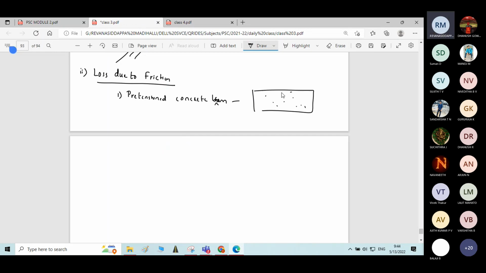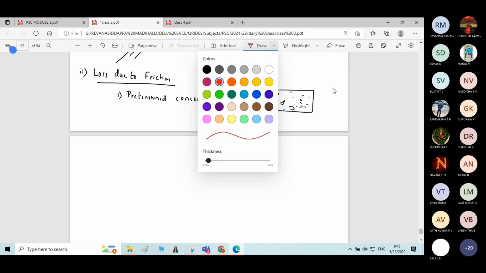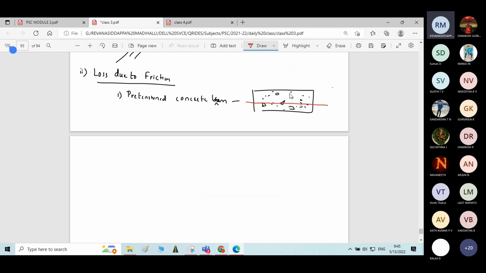So this is the concrete. Initially the tendons will be stretched. After that concrete will be poured. Then it is allowed to harden. Then tendons are cut at the ends so that stresses will be transferred into the concrete. Due to the friction between the surface of the tendon or pre-stressing wire and the concrete, only the pre-tensioning will take place in the member.